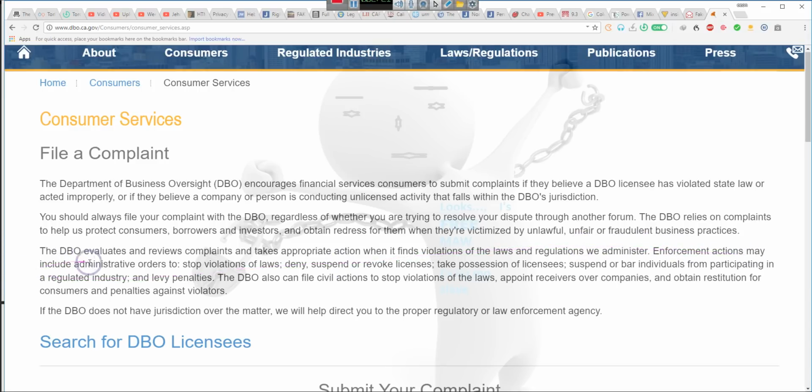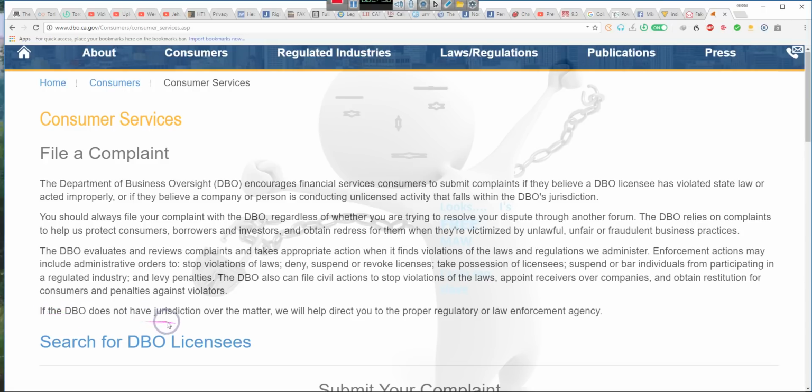Enforcement actions may include administrative orders to stop violations of laws, deny, suspend or revoke licenses, take possession of licensees, suspend or bar individuals from participating in a regulated industry, and levy penalties. The DBO also can file civil actions to stop violations of the laws, appoint receivers over companies, and obtain restitution for consumers and penalties against violators.